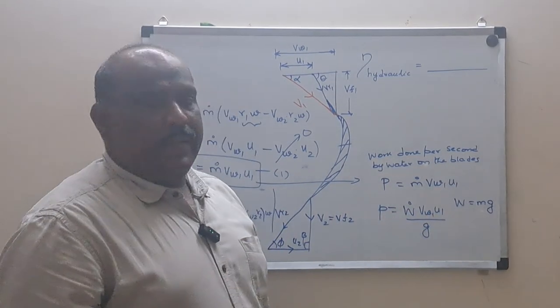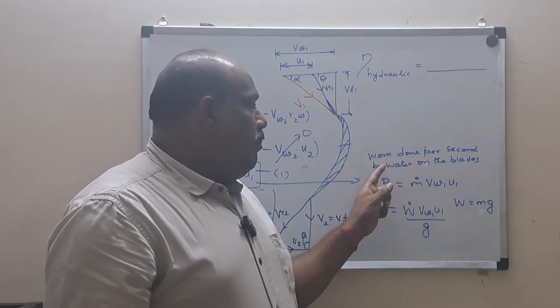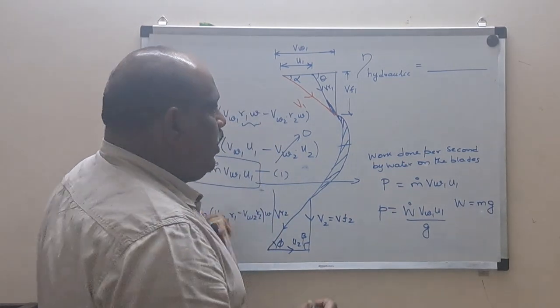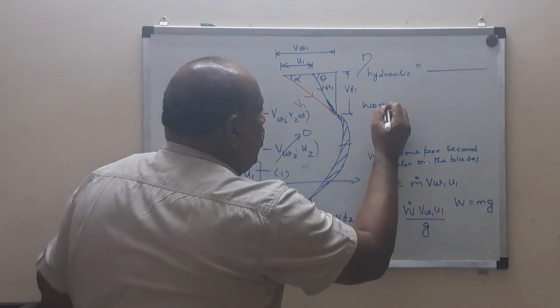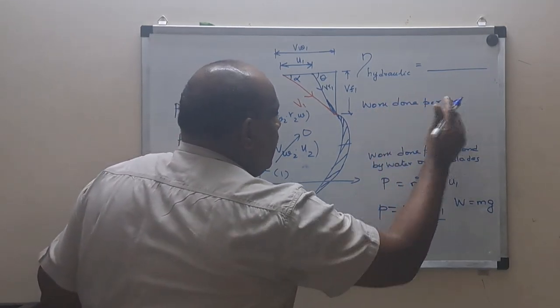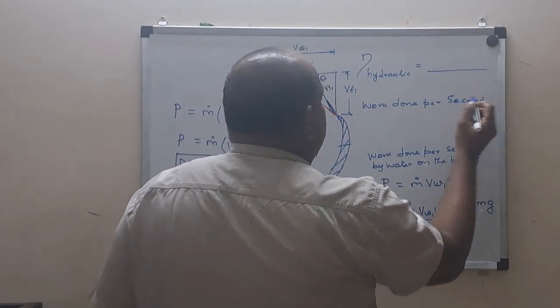Now what is this formula? Once again the same formula only. The left side is work done per second by water on the blades. Now, I want to take another term: work done per second per unit weight on the blades.